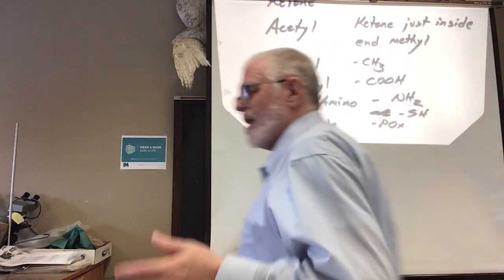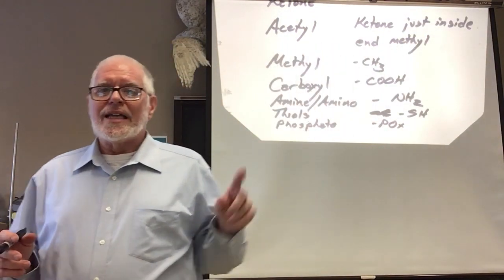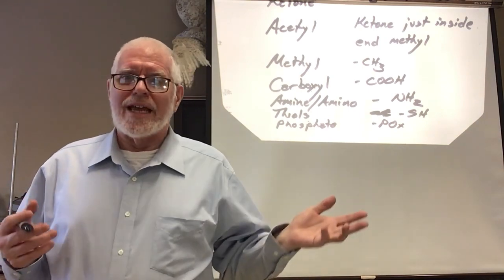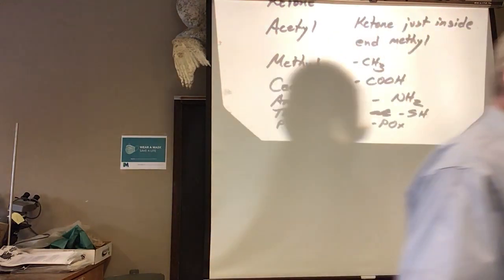A phosphorus with varying amounts of oxygen attached to it is a phosphate group. Adenosine triphosphate is got a string of phosphate groups on it.